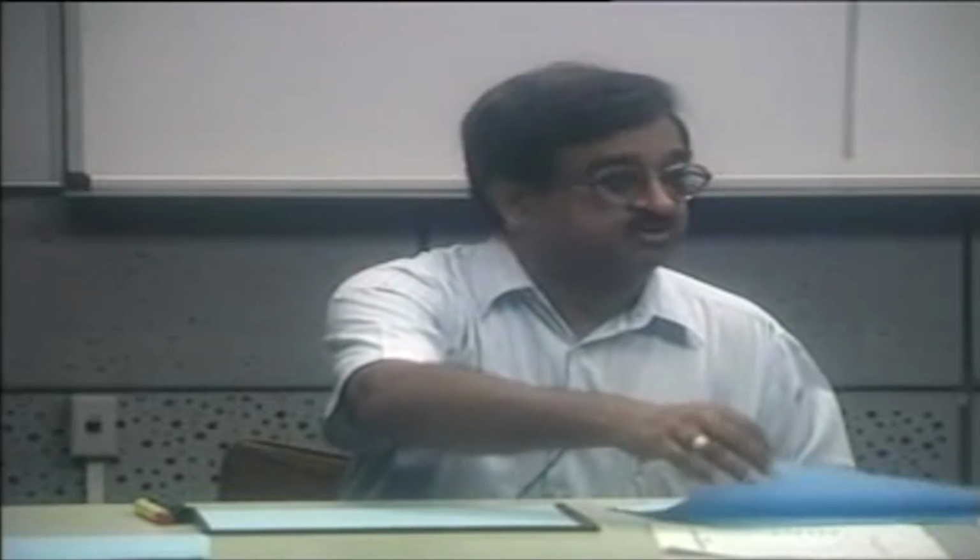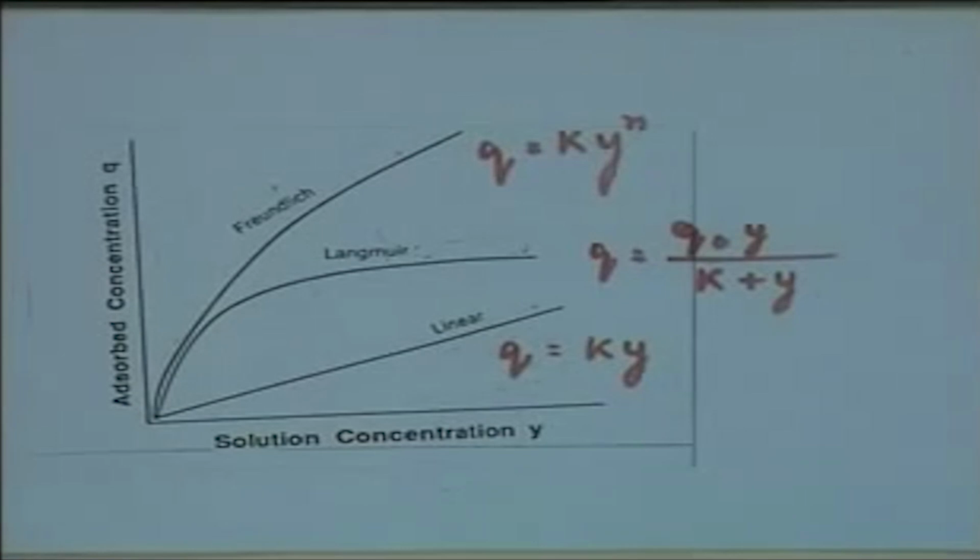Now, most adsorption methods can be characterized by classical adsorption isotherms, and depending on the nature of the carrier and the enzyme, the isotherms may vary. Three general types of isotherms are known.